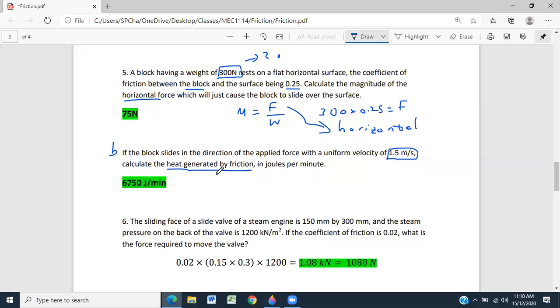So calculate the heat generated by friction in joules per minute. Okay, good. So remember, if something is moving along at the speed of 1.5 meters per second, and all the time through sliding, friction is just grazing away at the bottom of this material and generating heat.